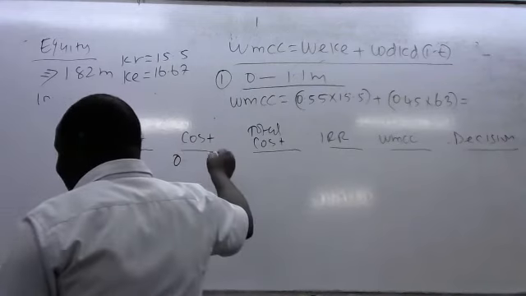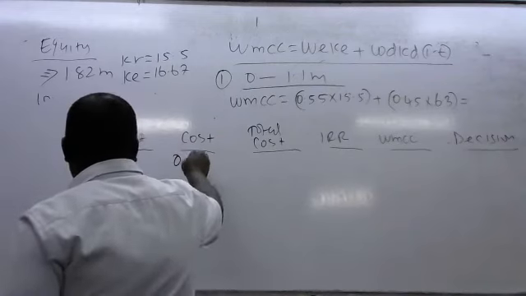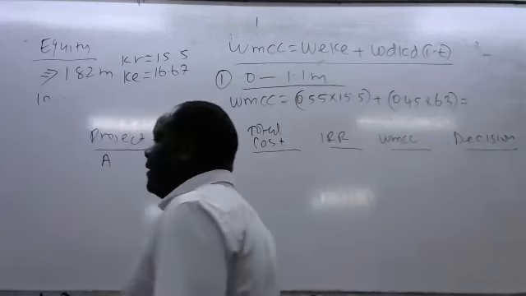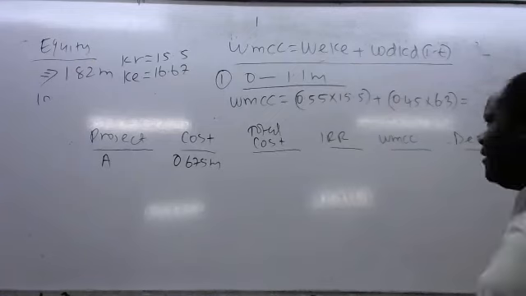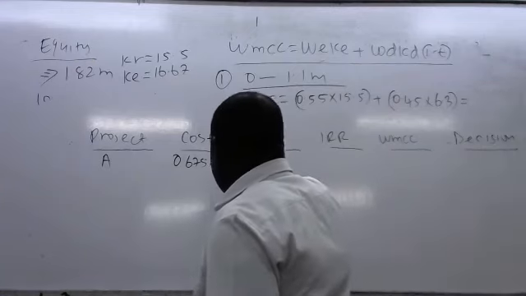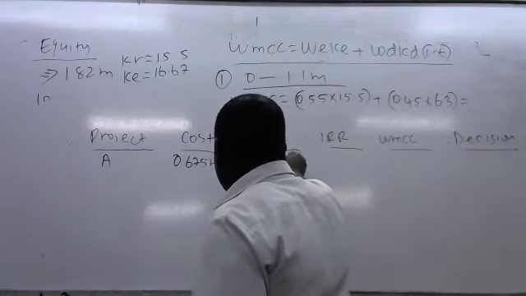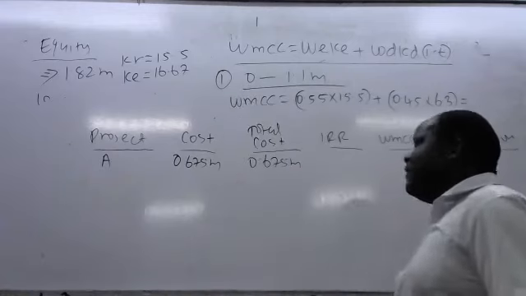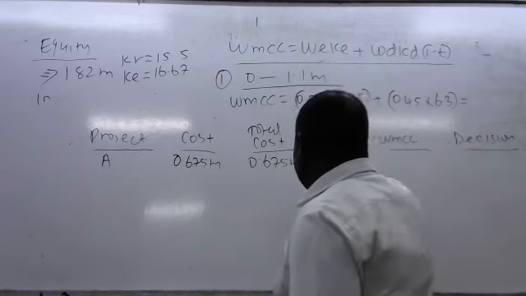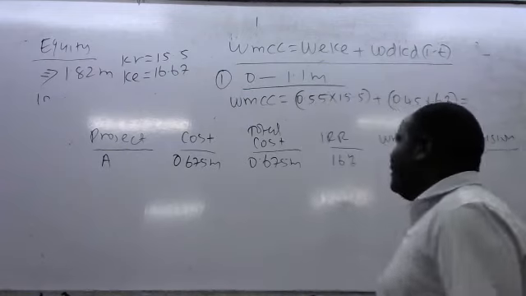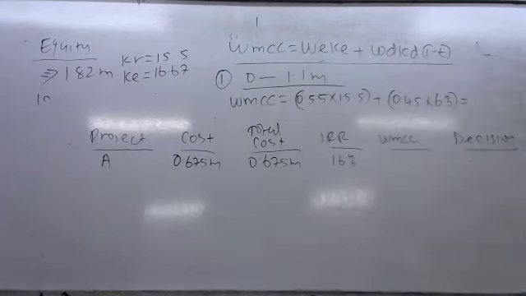It is 0.675 million. Then the cumulative or the total cost will also be 0.675. So IRR, you have said it is what percent? It is 16%.